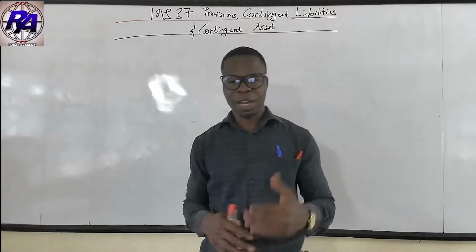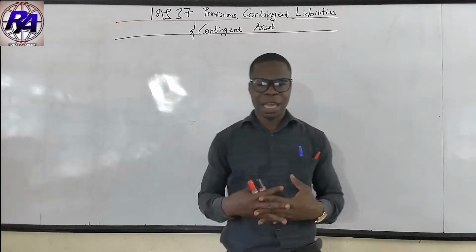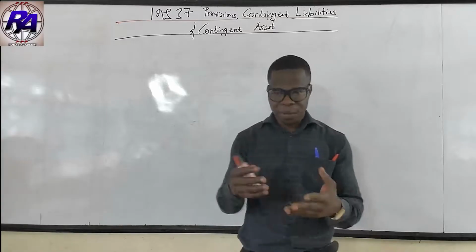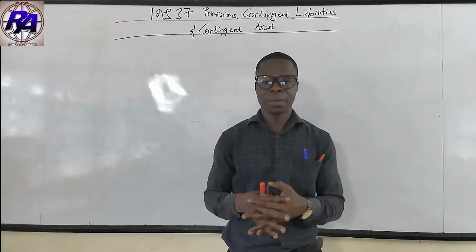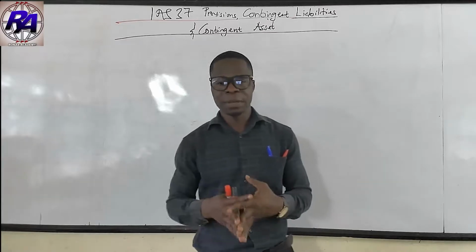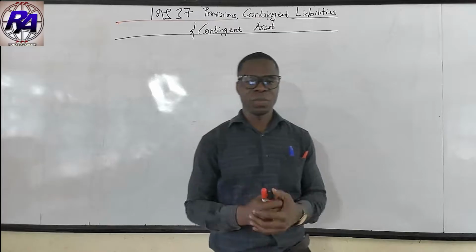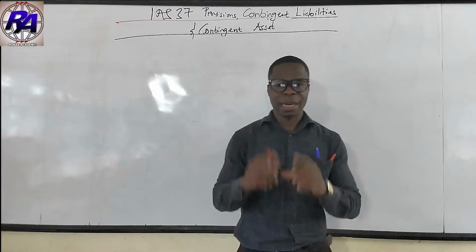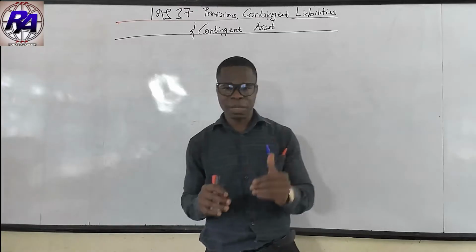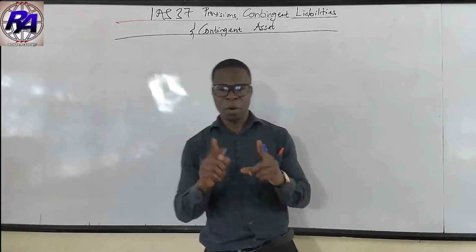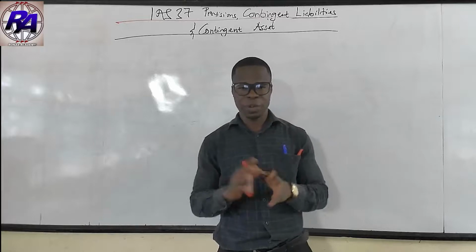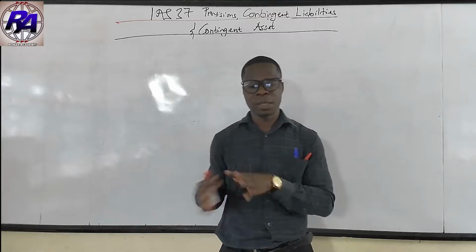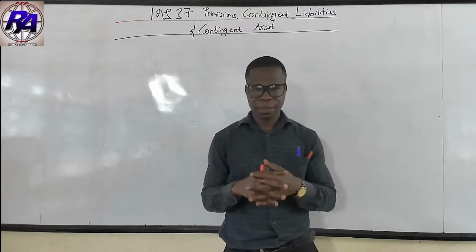So basically, this is the definition of some of the things that we are going to use in the standard. All right. Now, having a fair knowledge of what is provisions, what is a liability, and what is an obligation, we want to see the criteria that a business or entity is supposed to meet before we can recognize a provision. Remember that our focus is still on provisions. You will come to contingent liabilities and contingent assets.